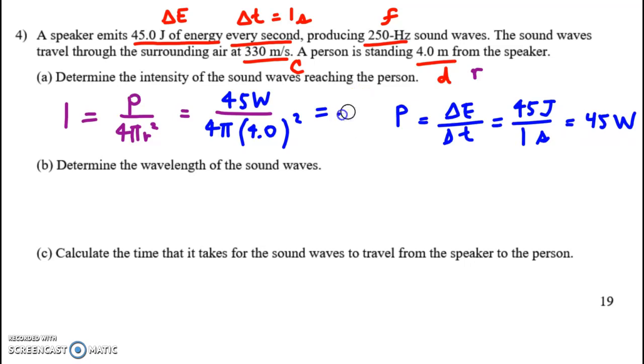So again, we get 0.22, and check out what we've just learned. This is not just 4, it's 4 meters. So I distribute the squaring to the 4, I distribute the squaring to the meters, and my unit is a watt divided by a square meter. It's watts per meter squared.